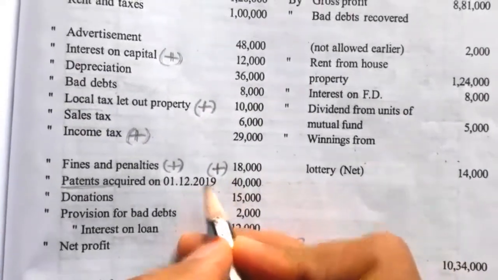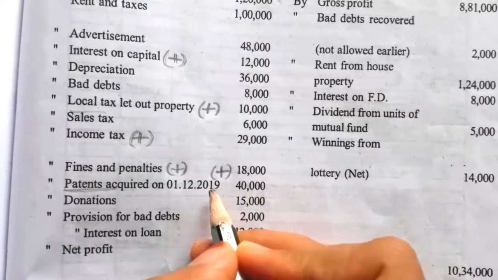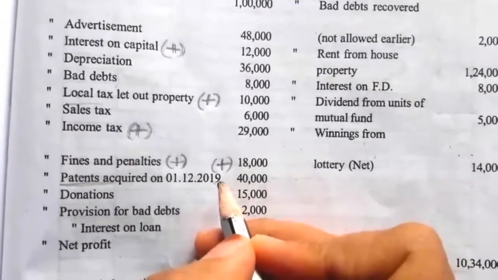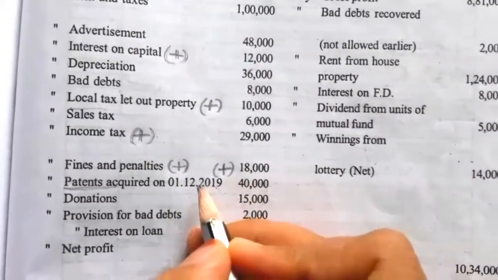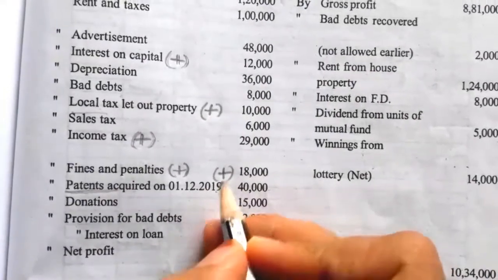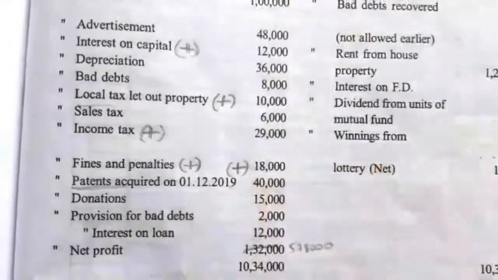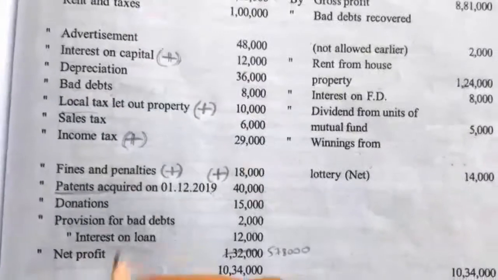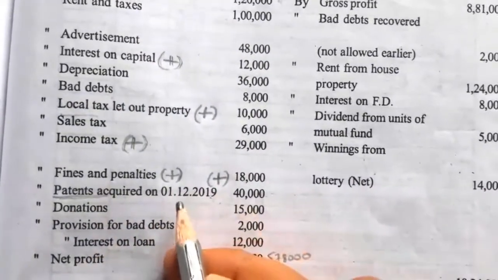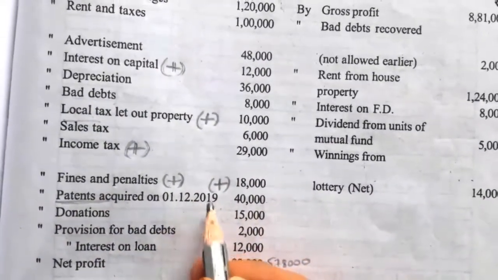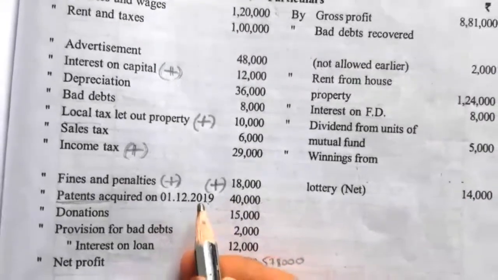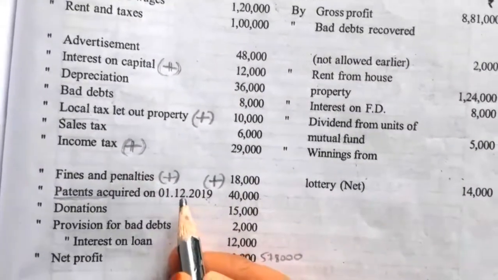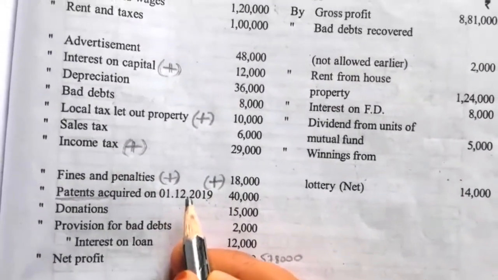Patents depreciation as per section 32 of the Income Tax Act is at 25%, and if the patent is acquired after October, it is taken as used in the business for less than 180 days. Here this patent is acquired on 1st 12/2019, so it is used in the business for less than 180 days.